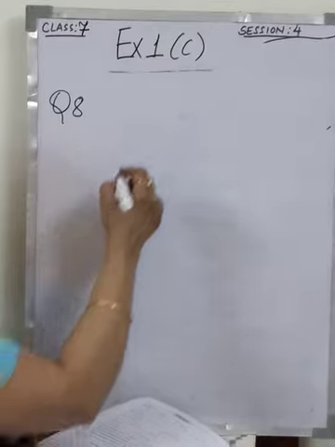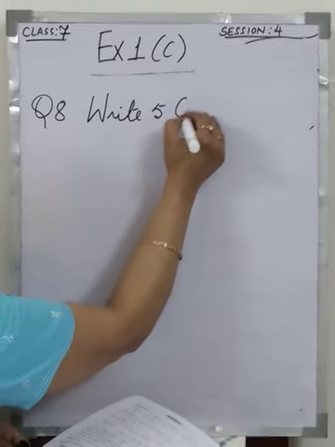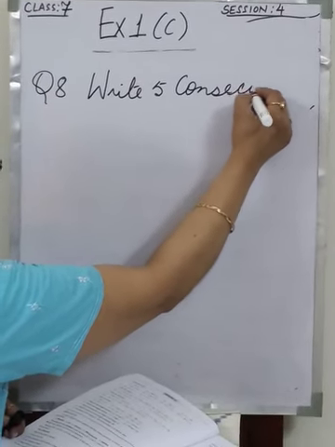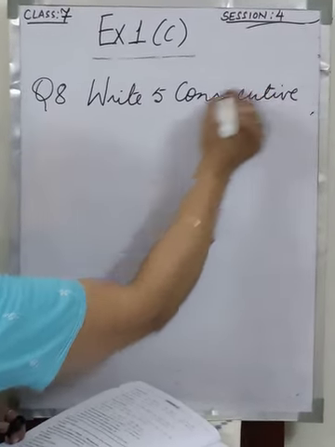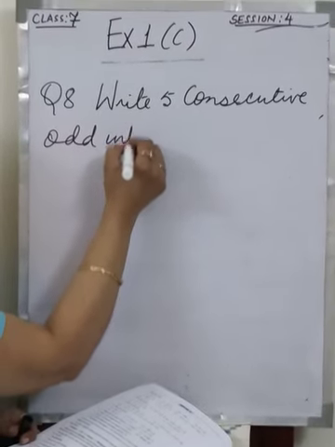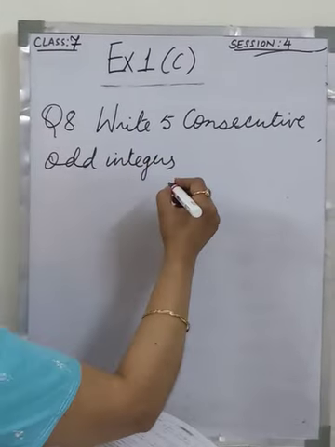Write 5 consecutive odd integers preceding minus 36.